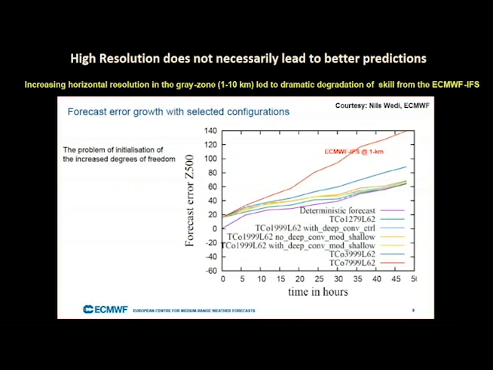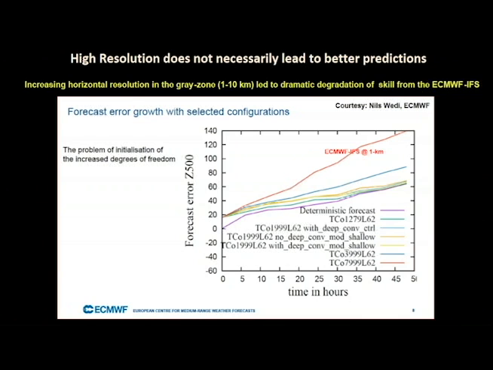This is last year's presentation from an ECMWF scientist, from whom I got the slide. This is their operational model, showing root mean square error. ECMWF tried to define their next generation forecast system, graduating from their current operational resolution of 9 kilometers to global 1 kilometer.